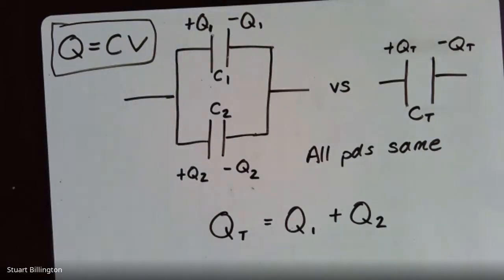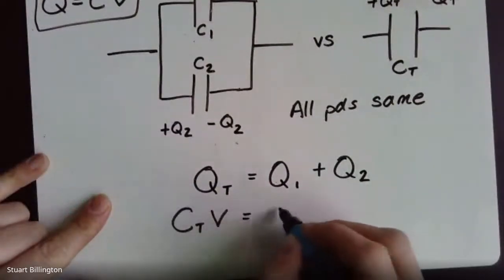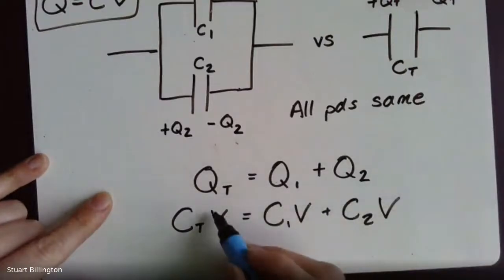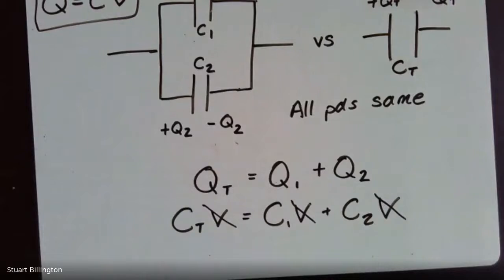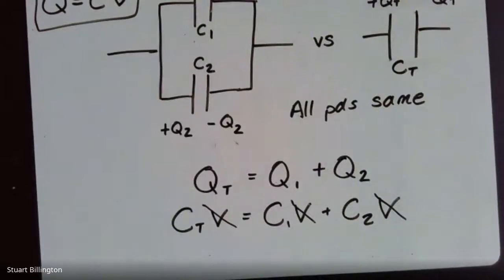And now it's just a case of substituting it in. So Q equals CV, and the V's cancel out, leaving us the formula that we were expecting to get.